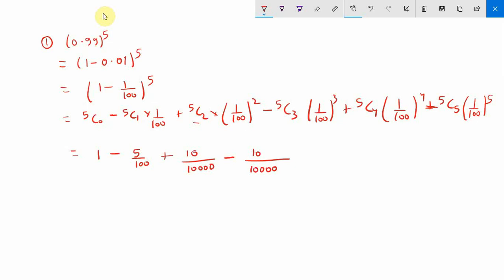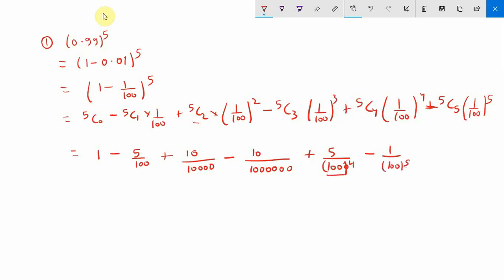Next term is 5 divided by 100 to the power 4, and 5c5 equal to 1, so 1 by 100 to the power 5.